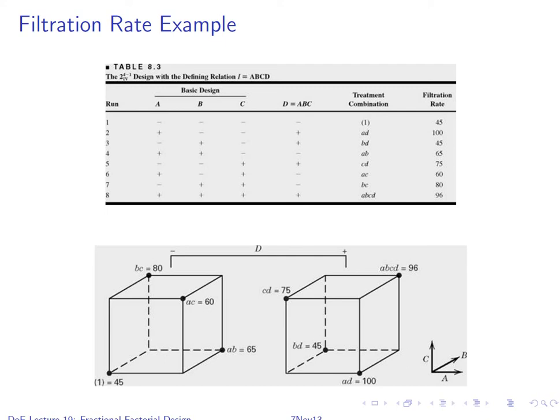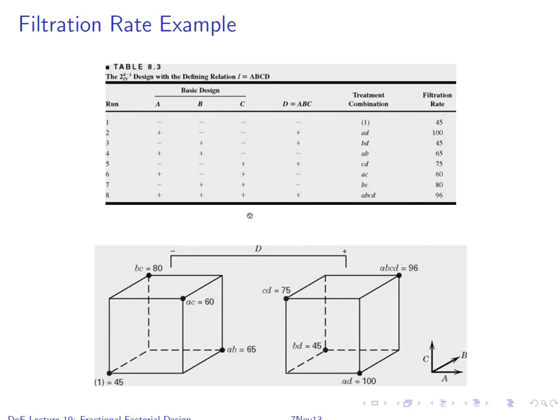You see the matrix roughly on the left-hand side of the top graphic here, showing all 8 runs. And the defining relationship is I = ABCD, meaning that the last factor, D, is the product of the 3 factors in the basic design, A, B, and C.